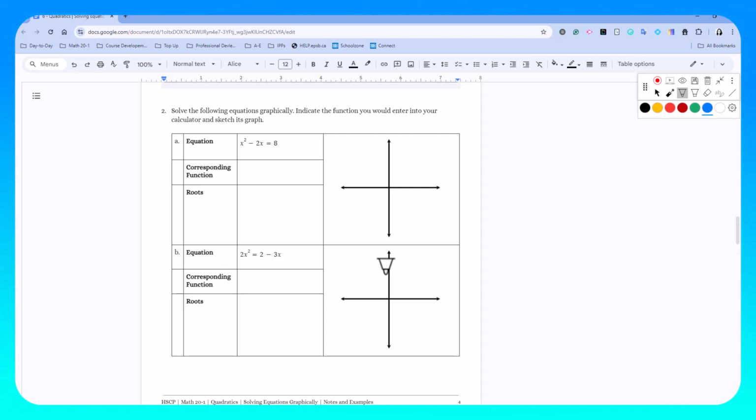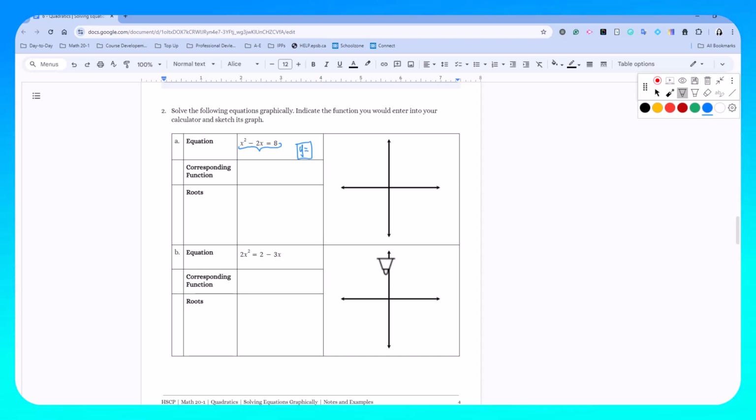We're going to find the roots. So the first thing we need to do is put this into our calculator. And as you know, calculators don't operate with an equal sign in that y equals button. Remember, if we want to put it into the y equals button, it has to be everything on one side. So let's start by making the corresponding function.